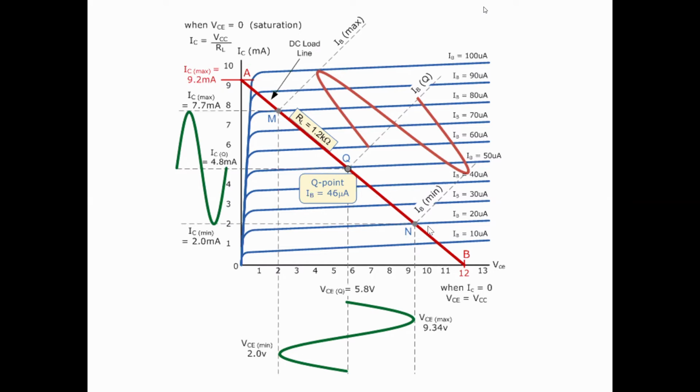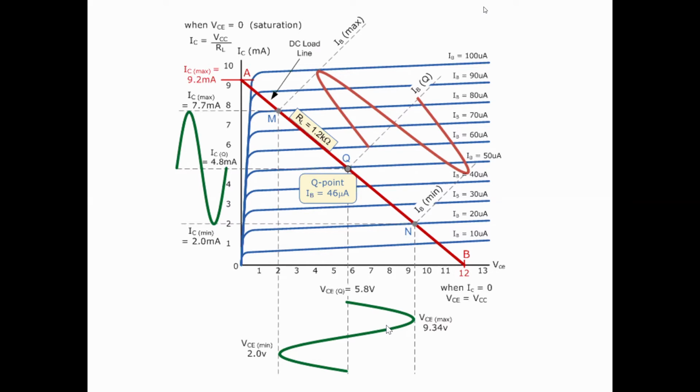Just imagine if this was my quiescent point, then simply apply this red signal against this quiescent point. It will go up and down normally, but then what about the IC? The IC would be chopped off. The bottom part of this IC would be chopped off. And this part of the VCE will also be chopped off.